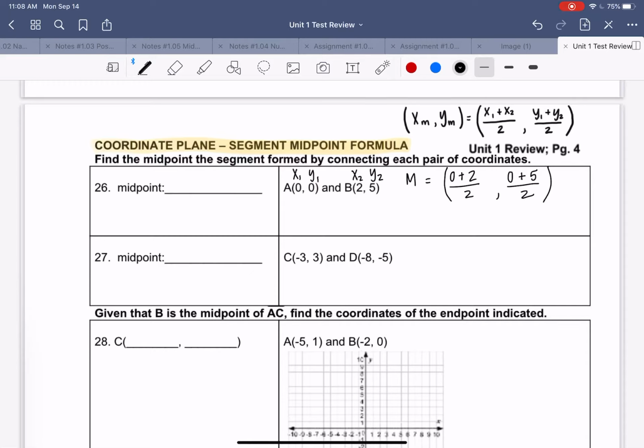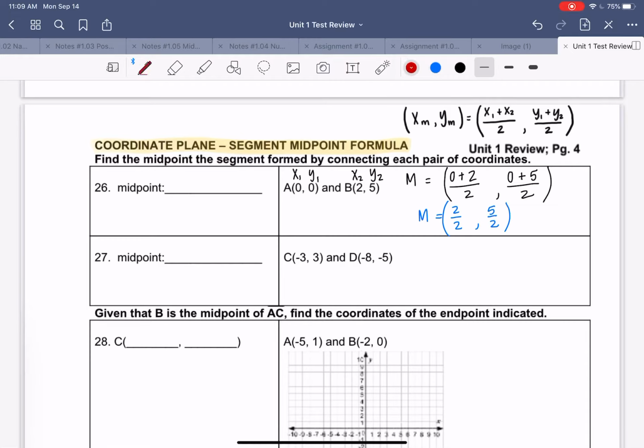Okay, so now we just, again, solve the top and then divide by 2. So we have midpoint equals 0 plus 2, which is 2, divided by 2. And 0 plus 5, which is 5, divided by 2.